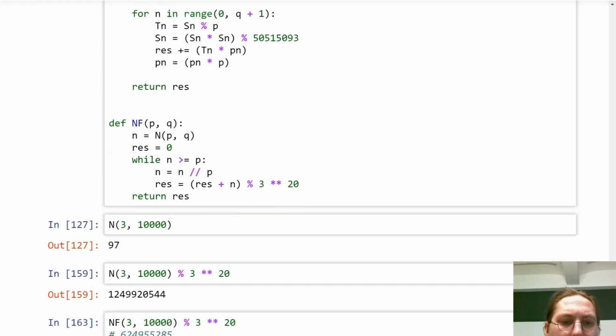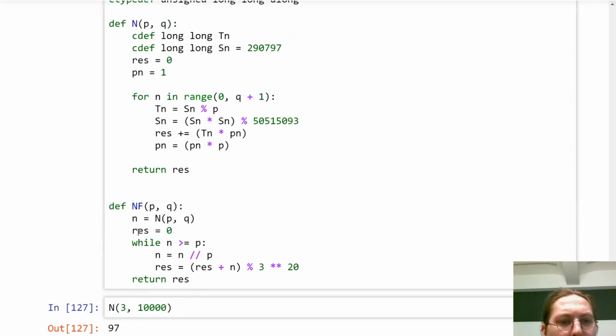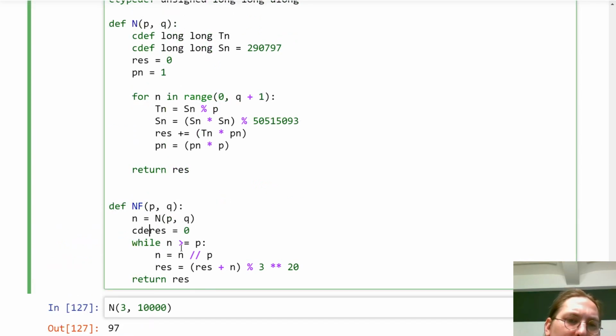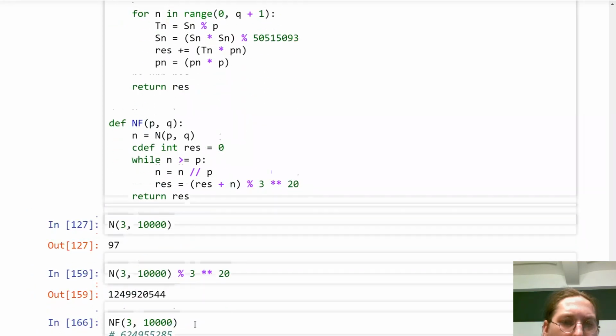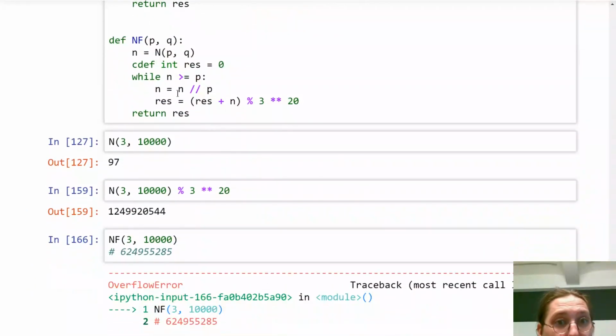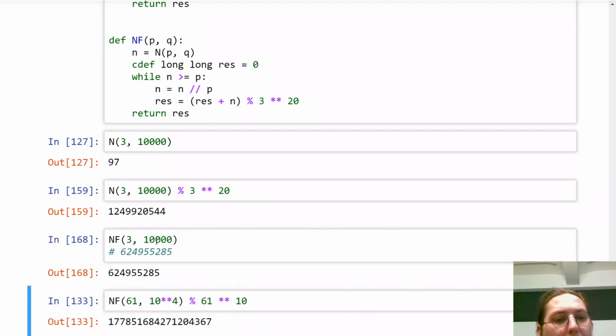Yeah. So in this case, then we could do cdef int. I think, well, maybe a long.